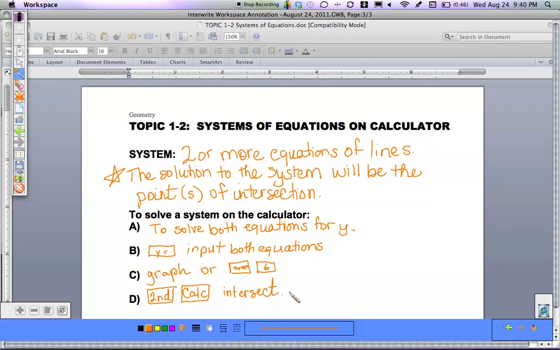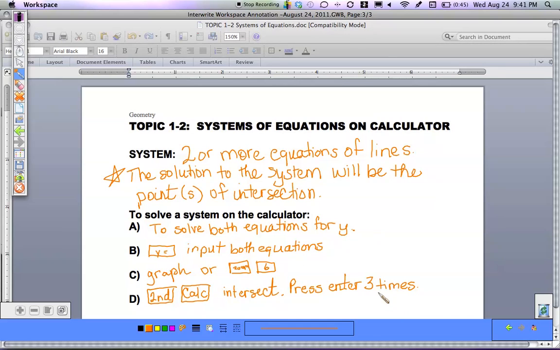Now, because the calculator can find intersections of lots of different things, it gives you lots of different options. So what you need to do is just press enter. I believe it finally ends up being 3 times until it finally shows you the point of intersection on the screen, and it will actually say intersection.